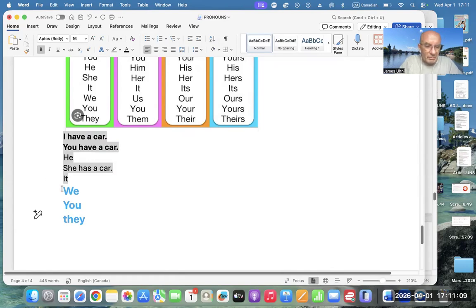Now, I will make it easier for everybody. No bold. Let's go to regular size, and we want black. Okay. And what do we have? We have a car. But we are football players.